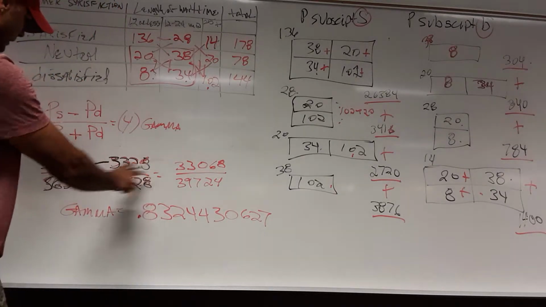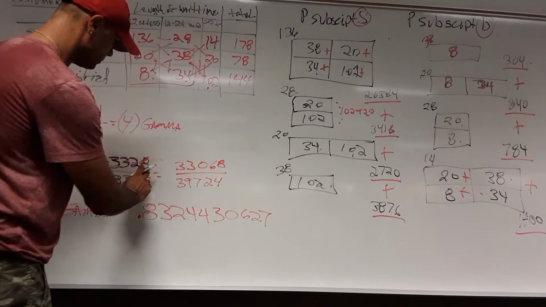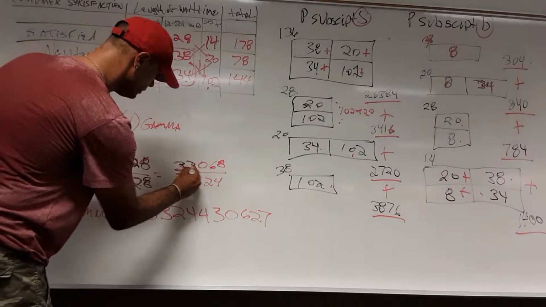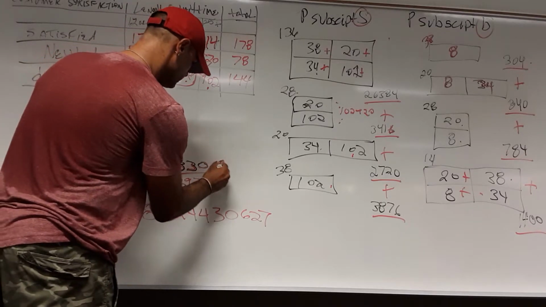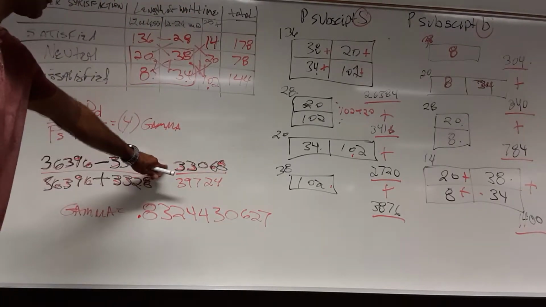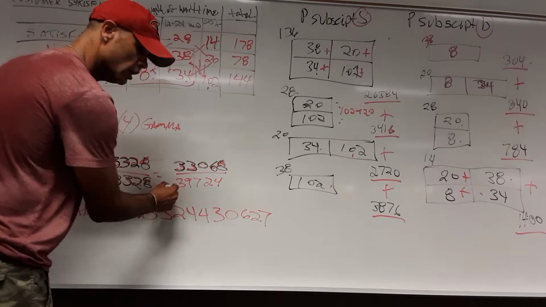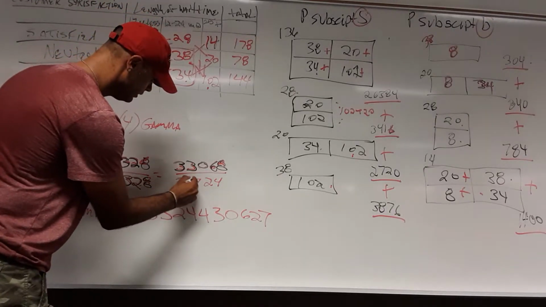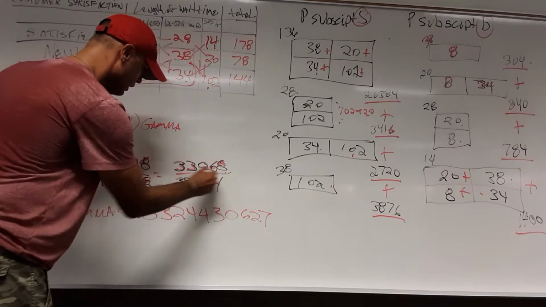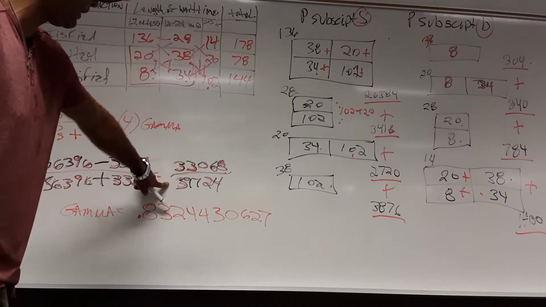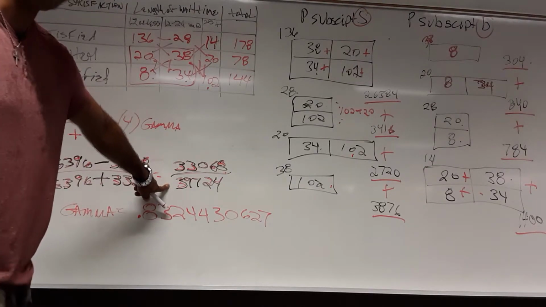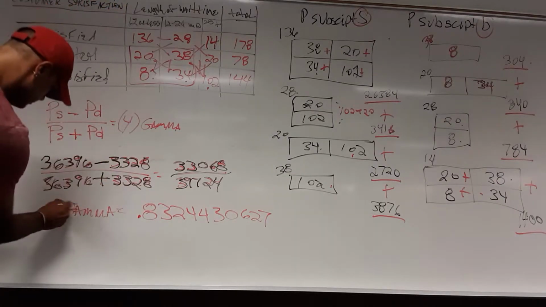The subtraction gives us 33,068, and the addition gives us 39,724. Now we divide 33,068 by 39,724. What that gives us is gamma.